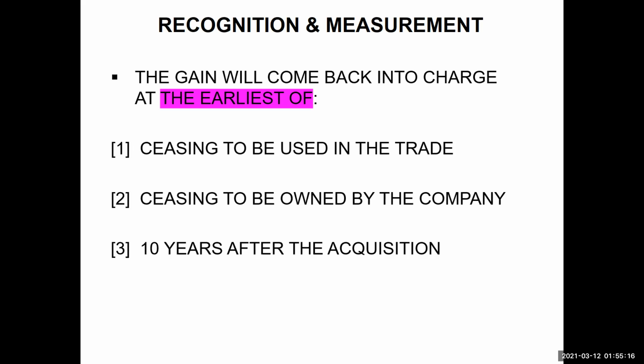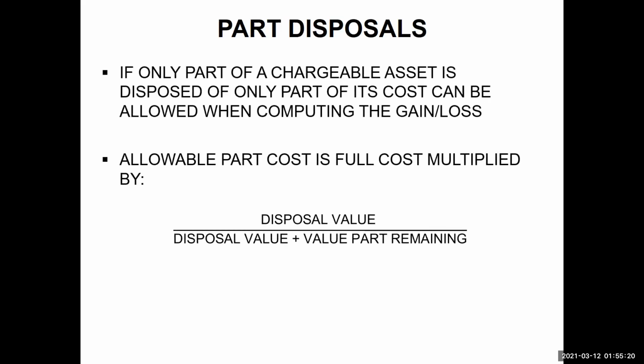All right. Now, part disposal. Sometimes you want to dispose parts of an asset. Okay. So what happens? If only parts of the chargeable asset is disposed, then any costs associated with the part, together with any revenue or inflow associated with the part disposal, is what we have to consider.